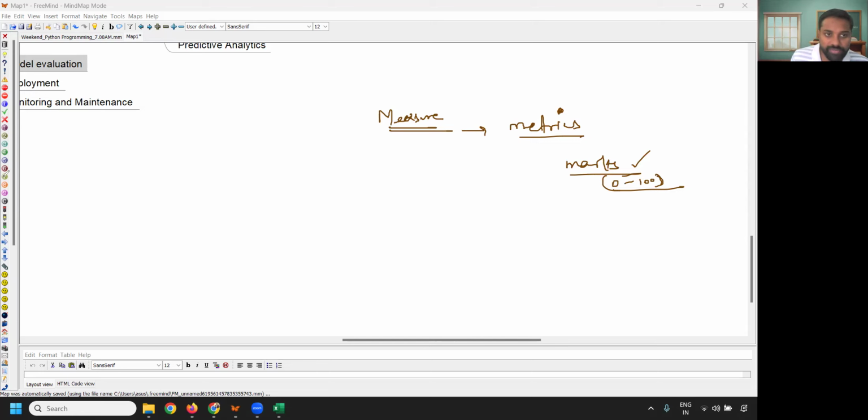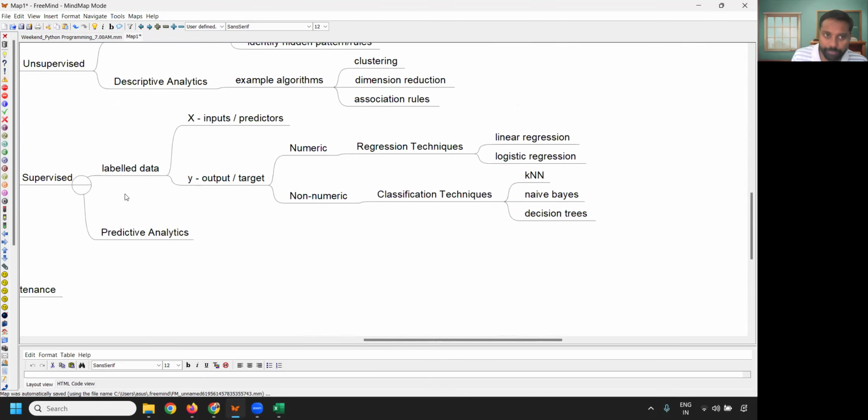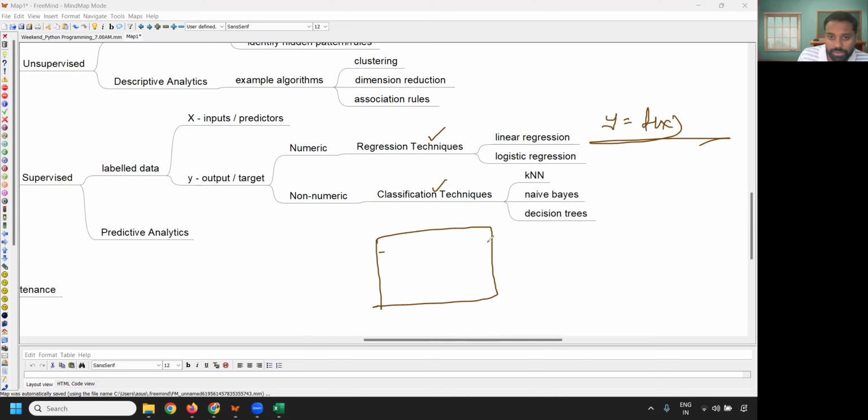So once again, when we talk about the machine learning models here, especially from a predictive analytics perspective, we have regression techniques and classification techniques. In regression techniques, it's a numeric outcome, right? So what we do is we take all the input values. So here we have x1, x2, x3, x4, and let's say y.